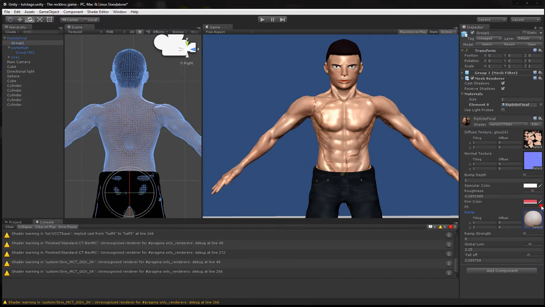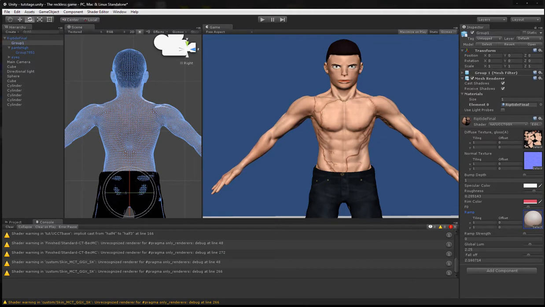I want to say that GGX might be a little bit better for skin than Beckman. Beckman might be more for things that are kind of a dull metal, kind of like aluminum foil.